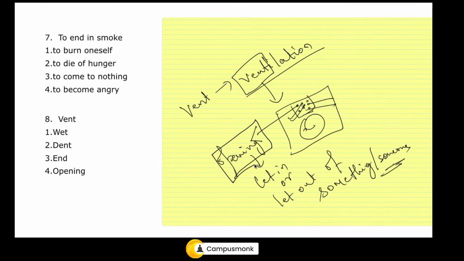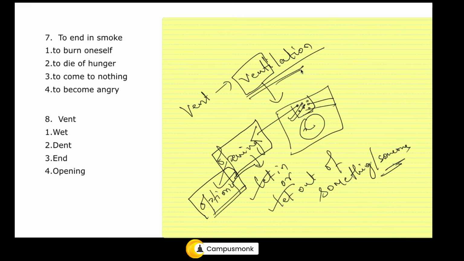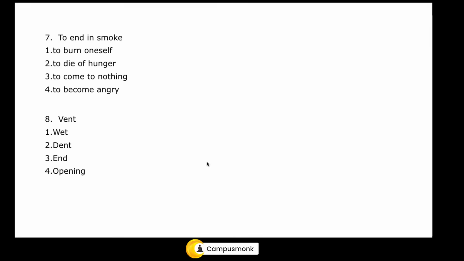Vent is nothing but an opening which can let in or let out something or someone. So, this one is in option number 4. Remember, the word vent is derived from the word ventilation, and I hope you never forget this example, and this example will help you remember the meaning. That is an opening. All right.